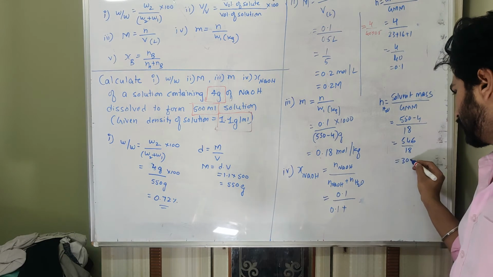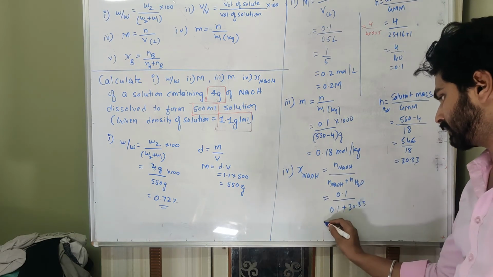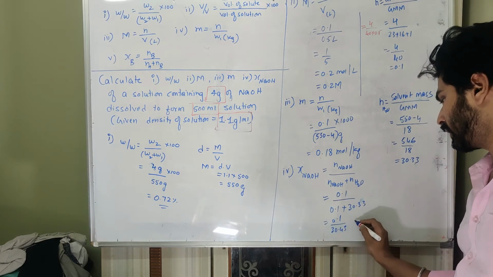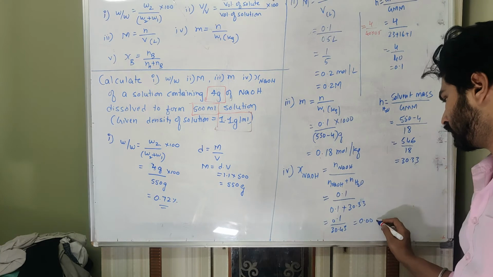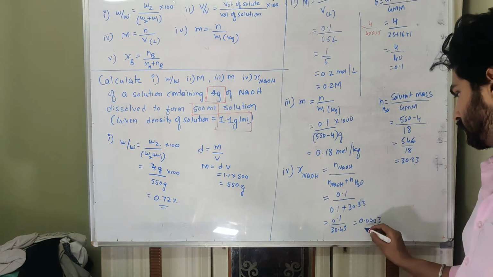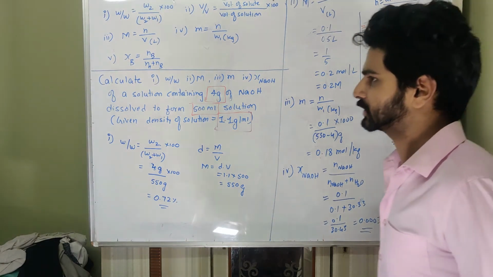That is almost 30.33. So this becomes 0.1 upon 30.43, and this is about 0.003. There is no unit for mole fraction.